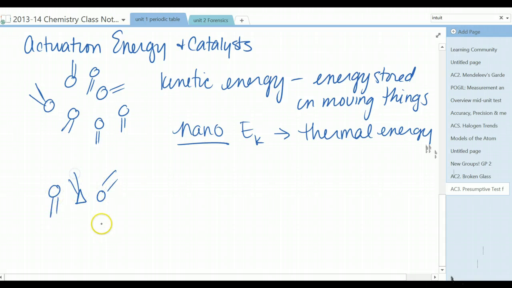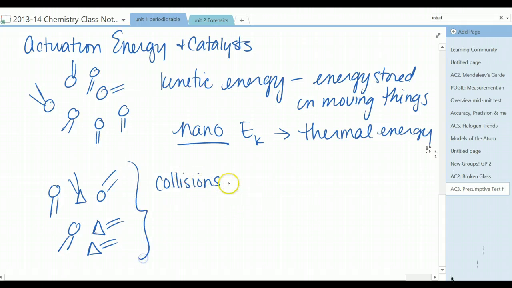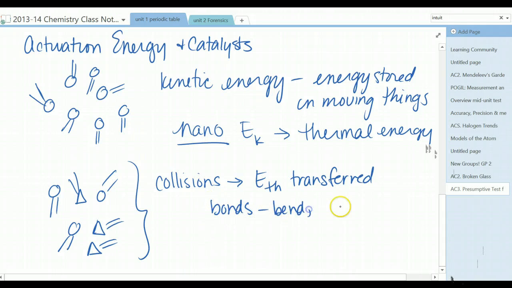So pretend we have 2 substances here mixed together and they're moving, okay? They're going to go through collisions when they're mixed together. And during those collisions, thermal energy is transferred. If enough thermal energy is transferred, then bonds bend, they break, and they stretch.